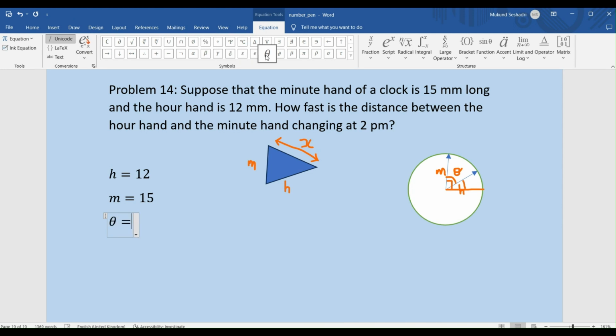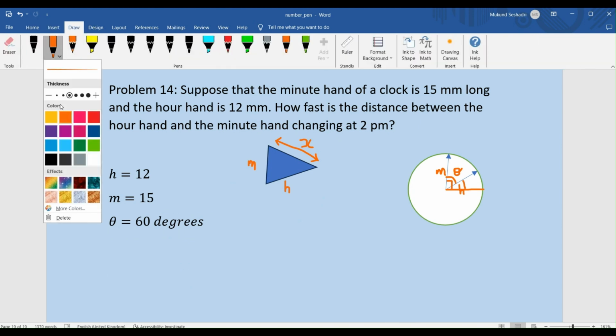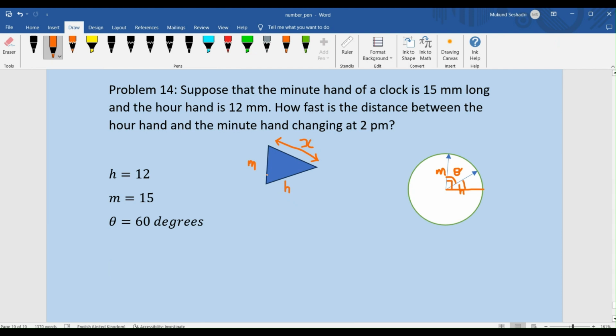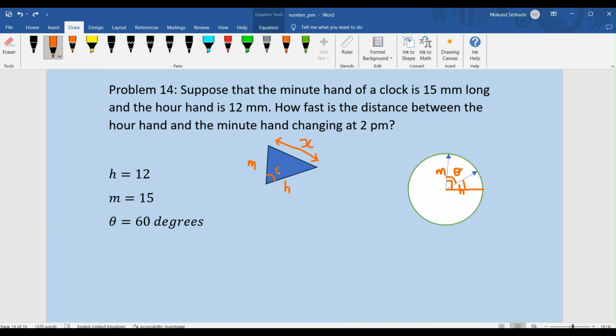Theta equals 60 degrees, which means this angle here is my theta. So I'm going to write the equation to solve for x.